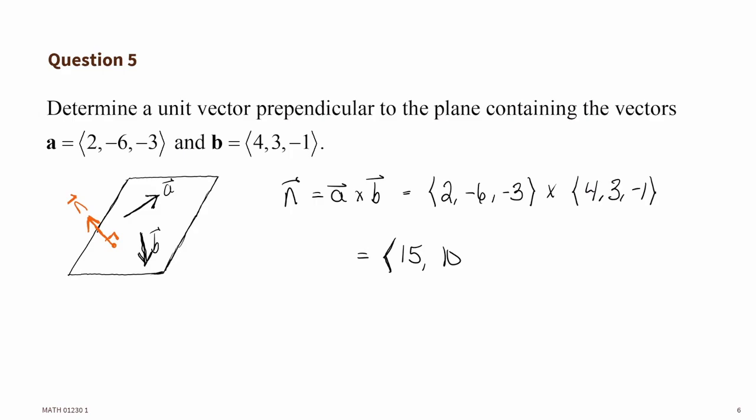No, I didn't get +10, I got -14. It should be -10. The second component gets multiplied by a minus when you do the determinant.